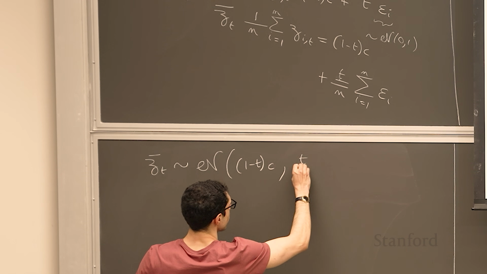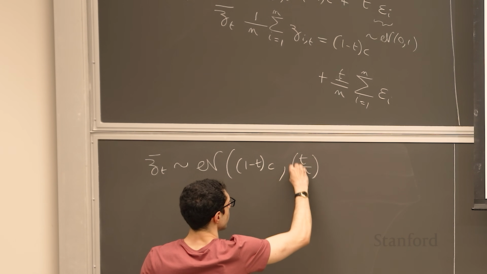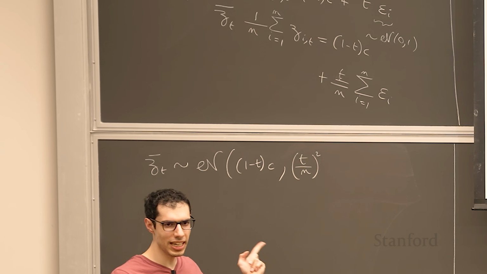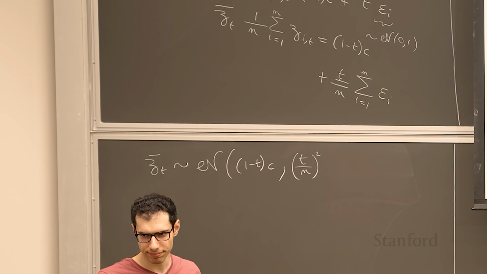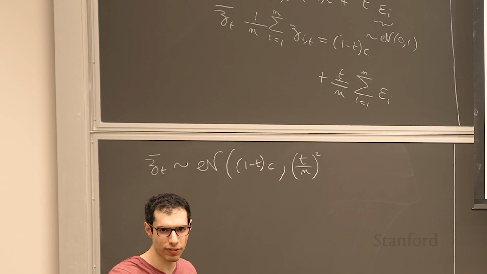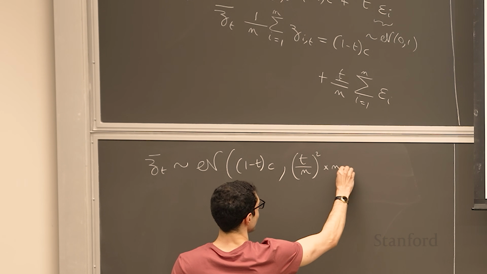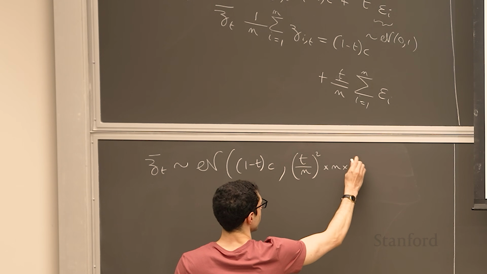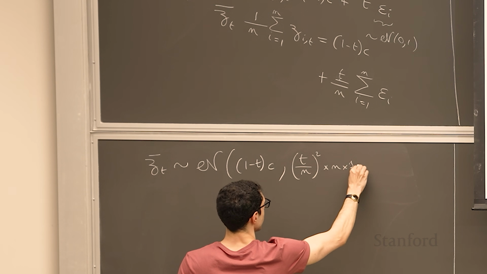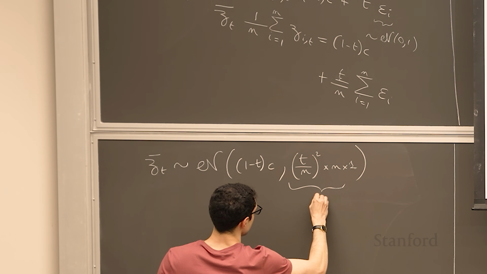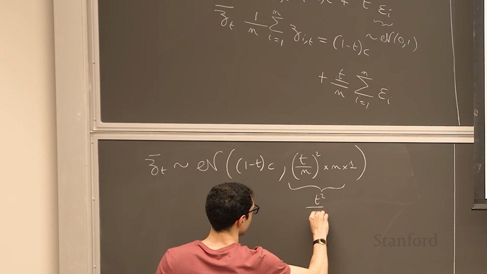So the variance of a constant is just the constant squared. And then the variance of each epsilon_i is 1, and you're adding n of them. So it's n times 1, which gives t squared over n.